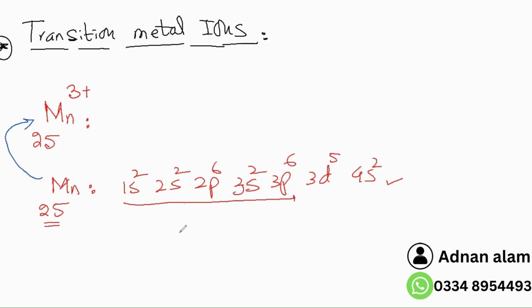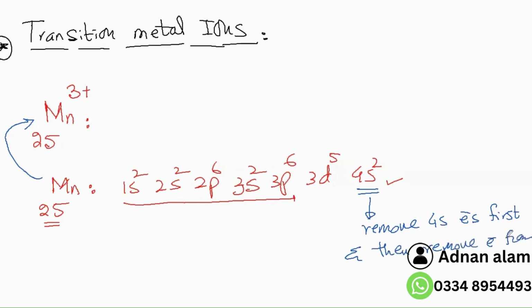Now, you know that a positive ion is formed by the removal of electrons. So we have to remove 3 electrons. You need to remove 4s electrons first, and then remove electrons from 3d. This is the rule for transition metal ions.